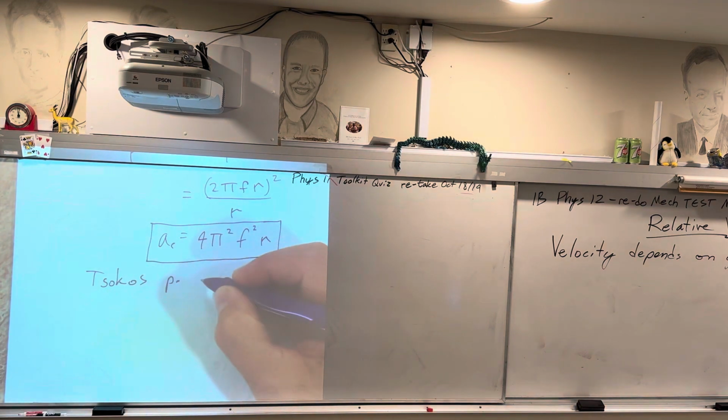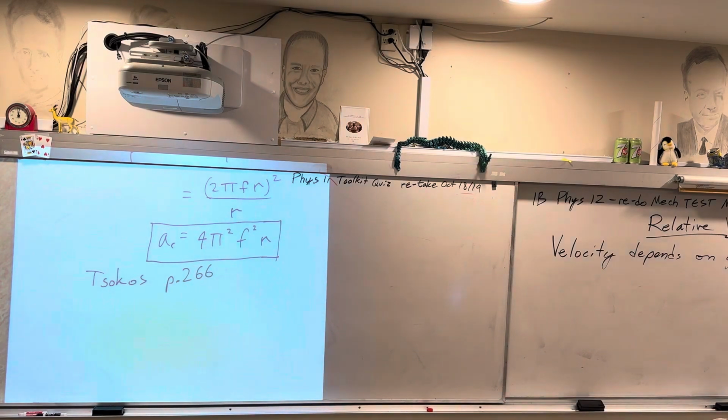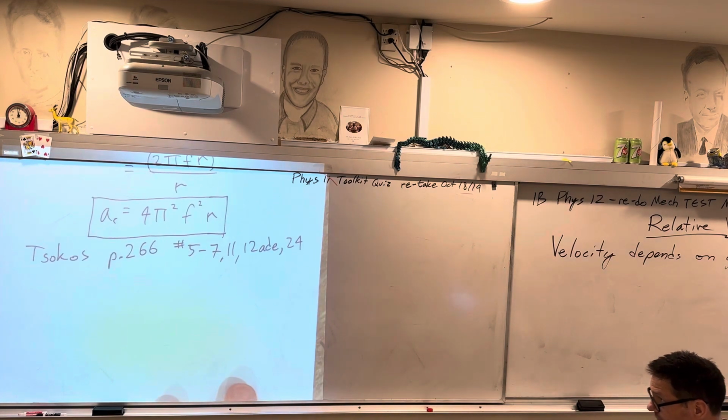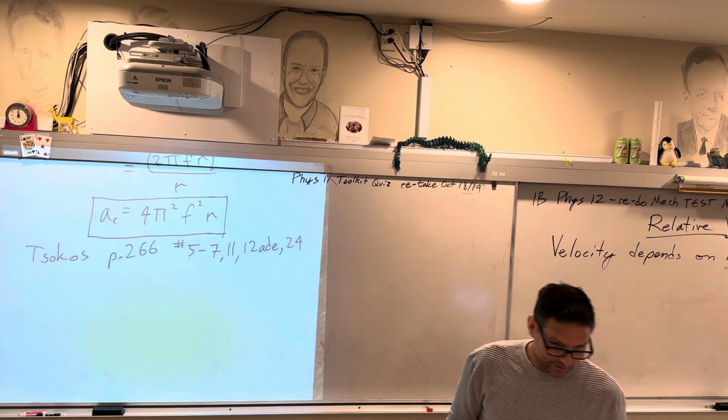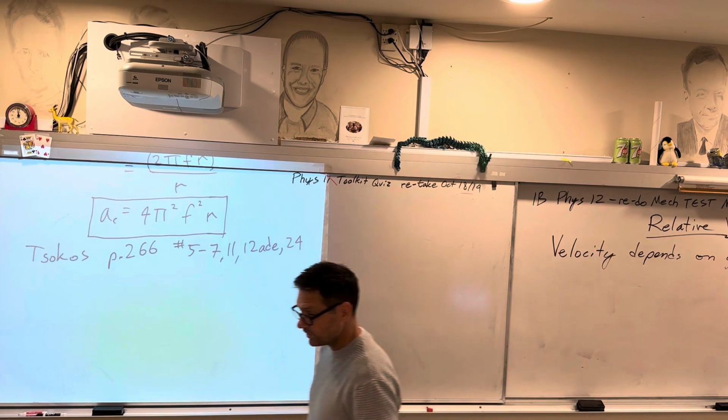Sokos page 266. I just want you to do A, D, and E on number 12 and number 24. So if you guys can do those, you should be good. And then we'll carry on from there.